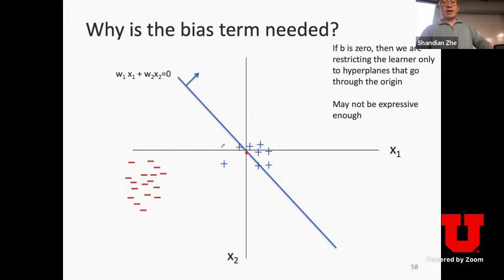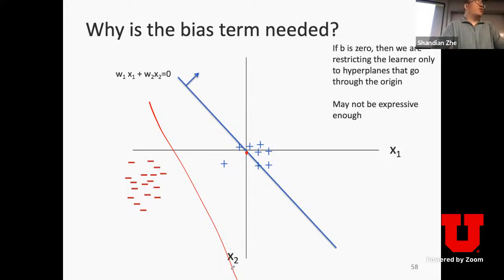Consider a set of data points surrounding the origin. No matter how you rotate your hyperplane, you won't be able to well separate the positive examples from negative examples. We do need some additional flexibility so that I can move this boundary away from the origin. That's the effect of the bias term.